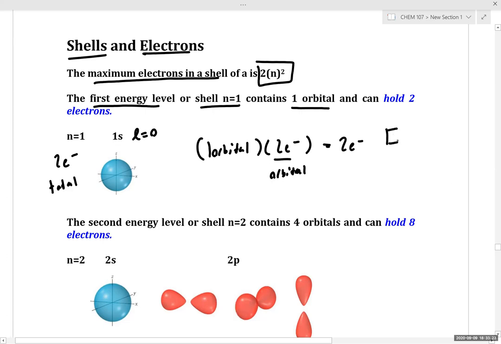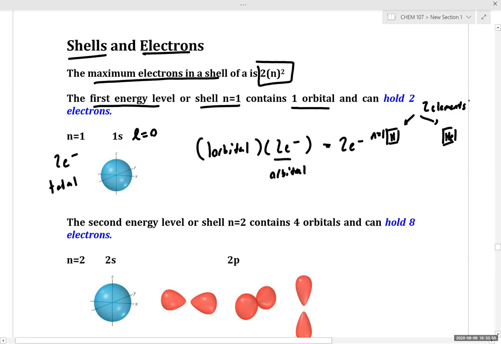And that is why in the first row of the periodic table we only see 2 elements, because our first shell can only hold 2 electrons. Is this starting to come together? Is it starting to make sense? Are the pieces starting to fit together?